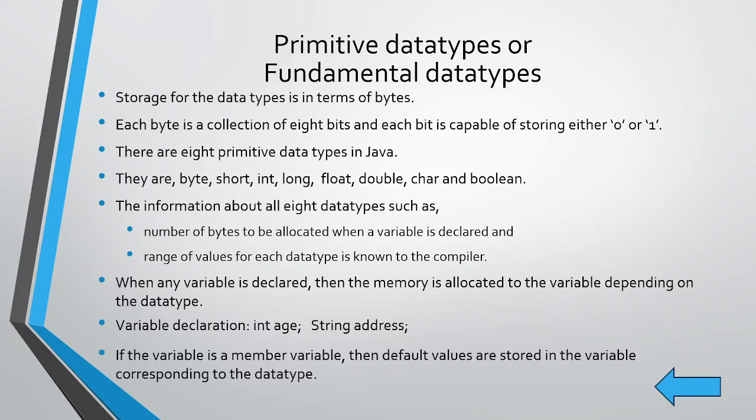Variable declaration is like this: int age. Int is the data type, age is the variable. Then string address, string is the data type, address is the variable. If a variable is a member variable, then default values are stored in the variable according to the data type. We will see that a little later on.